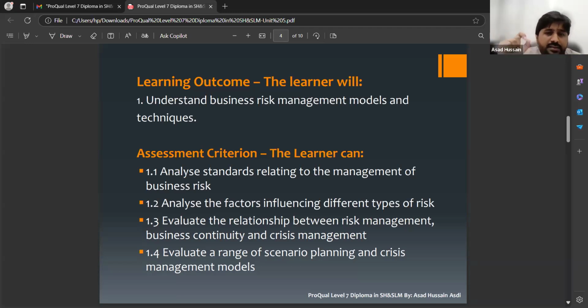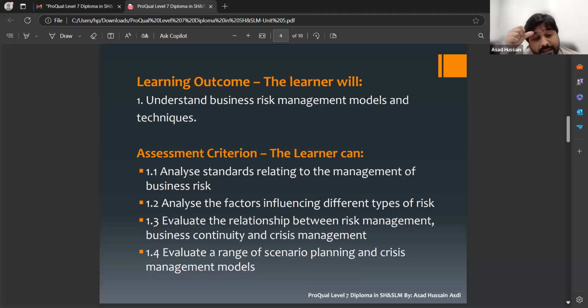The third thing is, what is crisis management? Basically, it is a framework for all aspects of preparing, preventing, coping, and recovery. It is an infrastructure, a framework developed for preparing for, preventing, coping with, and recovering from any crisis.